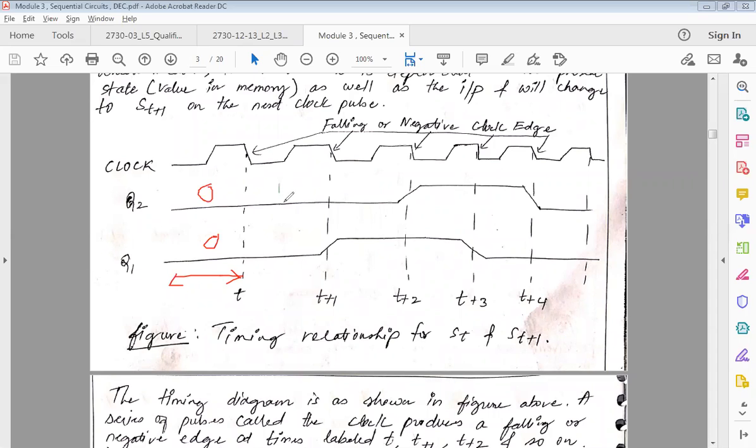This is also 0, also 0, and here it's going to change value in the next pulse, right? Here it is 0, and here what value is it?